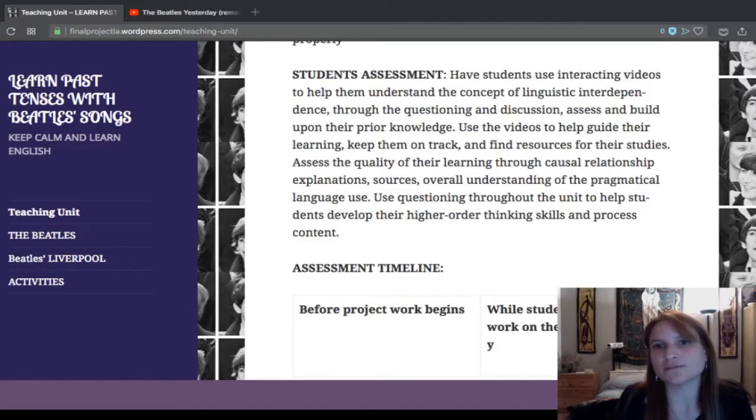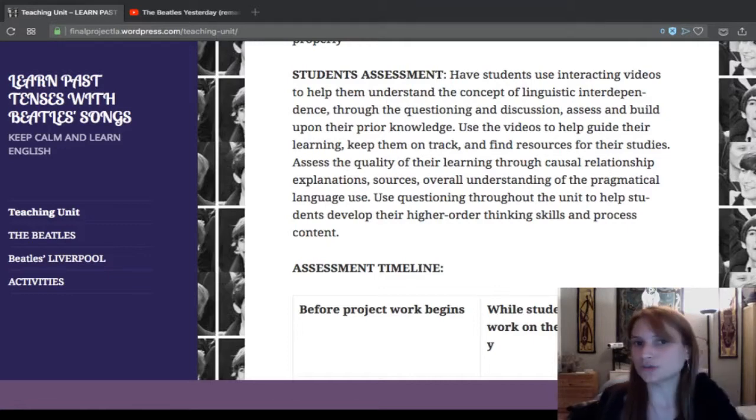Students' assessment. Of course, using interactive videos helps them understand the concept of linguistic interdependence, because they always think about their own mother tongue, but through song it is easier for them to get used to thinking about English as an effective language too, not only a subject in school.